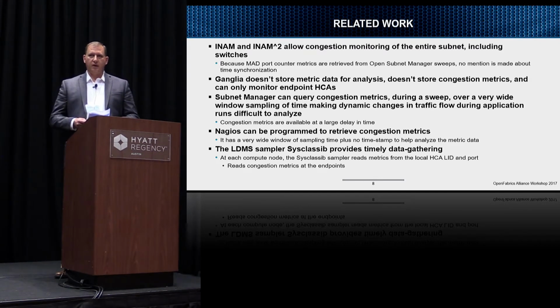It only gathers the metrics from the edges of the network, so the switches are still hidden from us. We can see the data coming in and out of different compute nodes, but we can't see how it's getting conveyed over to the other compute node, and if there's congestion on the switch ports in between, we don't know where that is or how it happens.